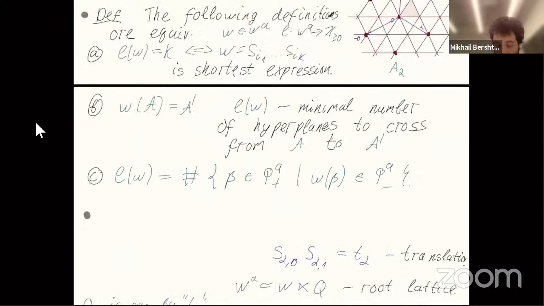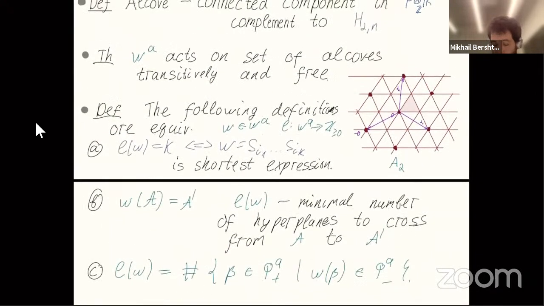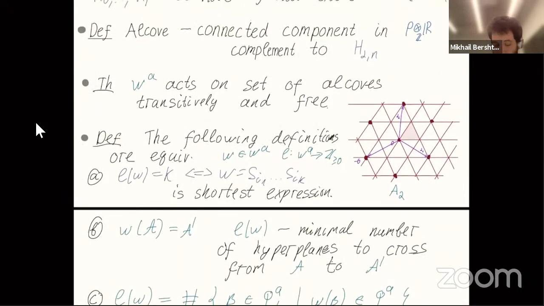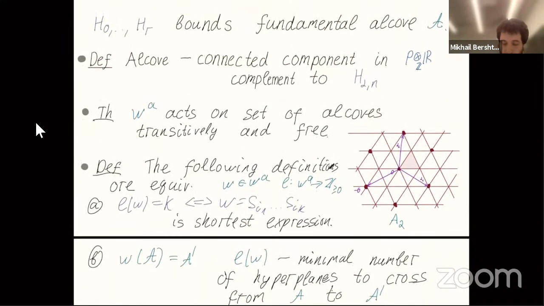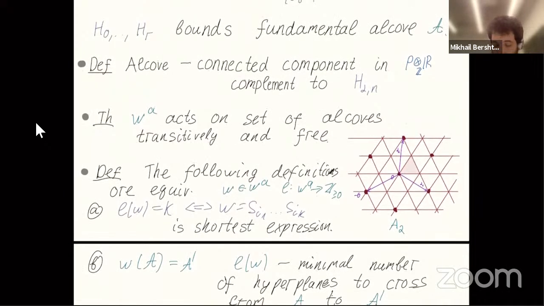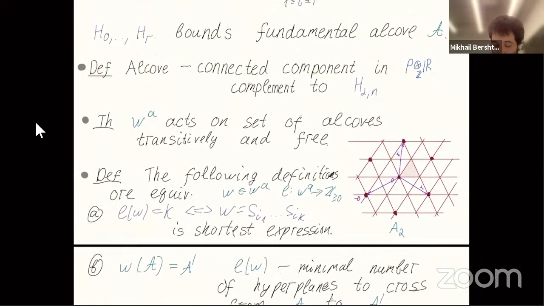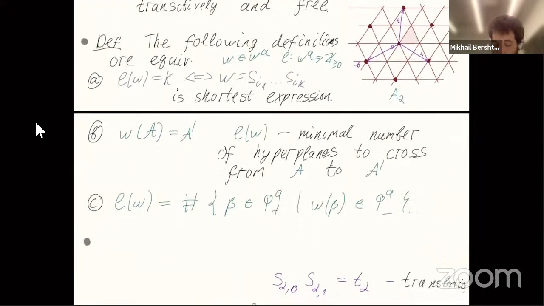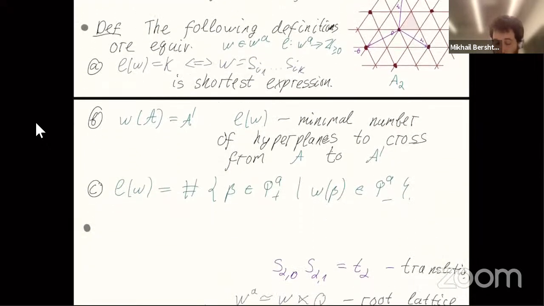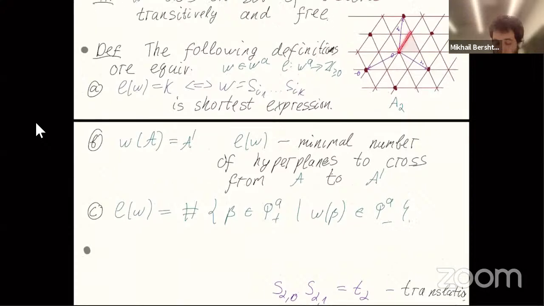The next topic about the affine Weyl group is its description in terms of the semi-direct product. It is better to look at this picture again. So the affine Weyl group transitively and freely acts on the set of alcoves.